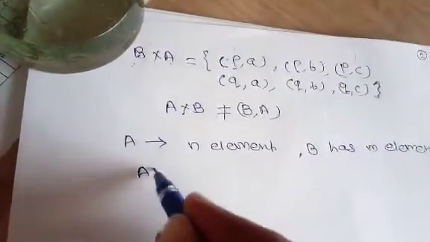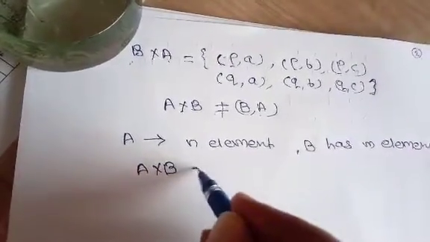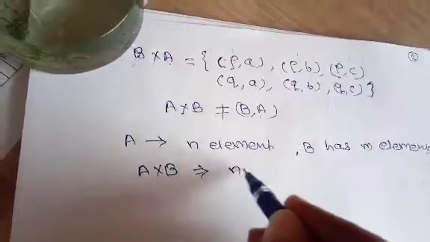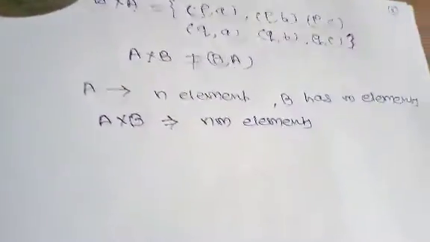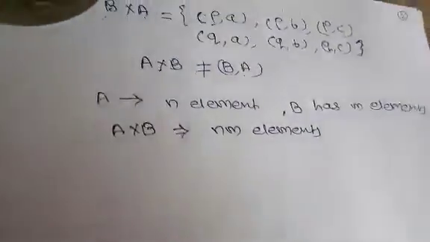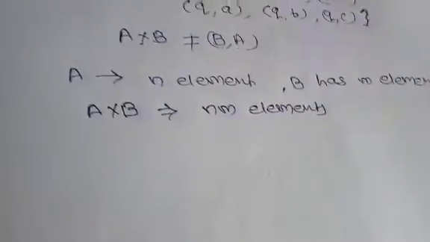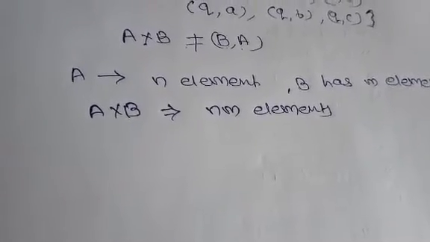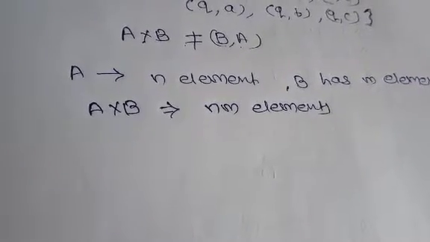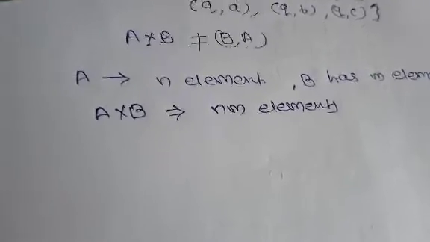Then the Cartesian product A cross B contains nm elements, that is the product of these two, n into m. We have seen in the previous example that the set A contains 3 elements and set B contains 2 elements, so their Cartesian product A cross B contains a total of 6 elements.